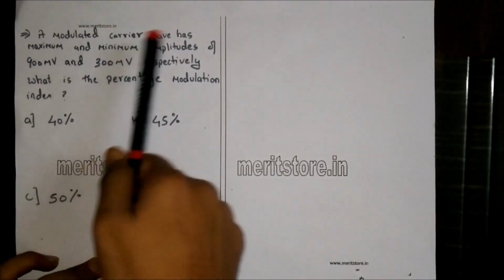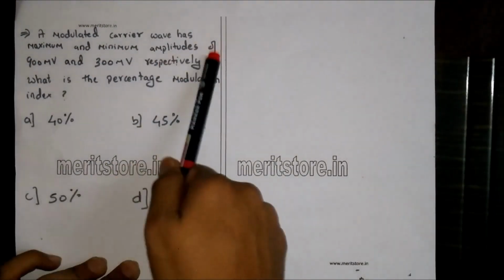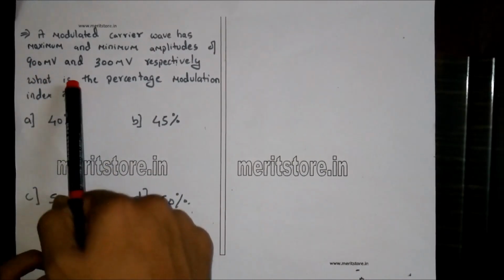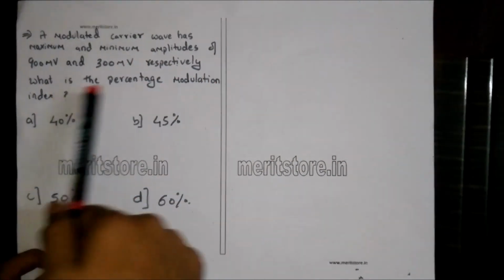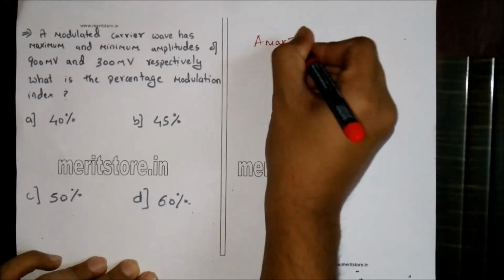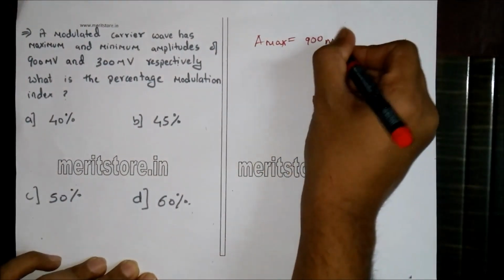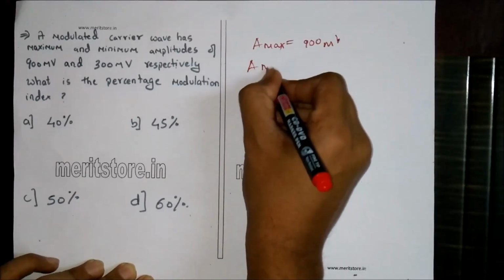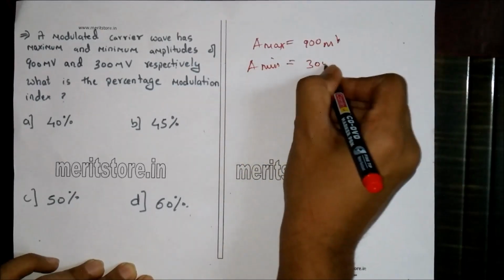A modulated carrier wave has maximum and minimum amplitudes of 900 mV and 300 mV respectively. What is the percentage modulation index? Here, Amax is equal to 900 millivolts and Amin is equal to 300.